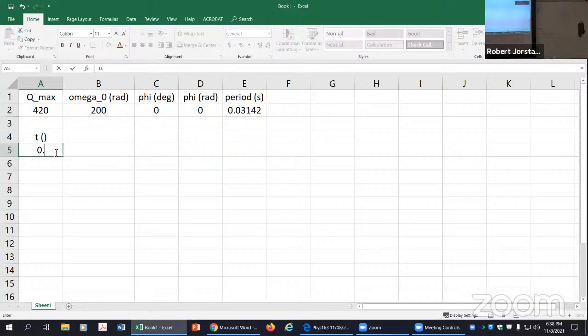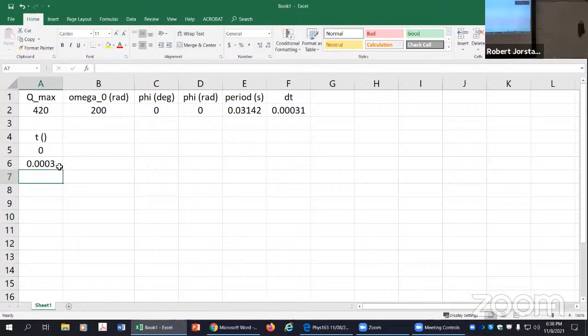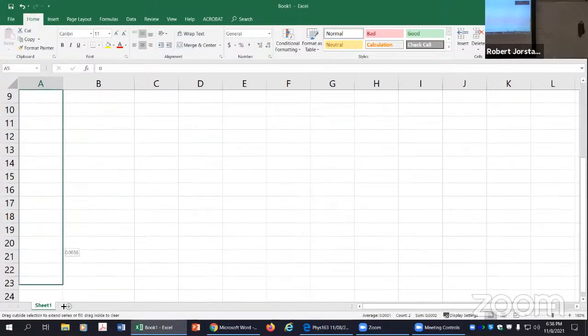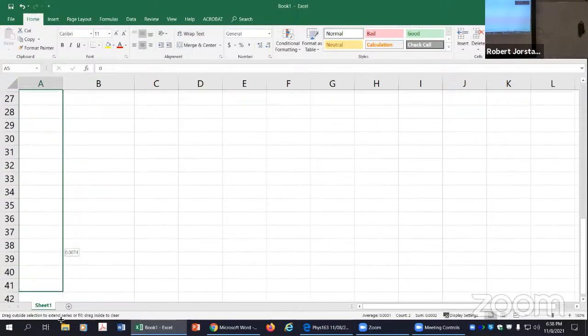How about we say the first one's 0, and the next one, dt, is equal to the period divided by 100 maybe, so we get 100 steps. That's about 0.0003, just because that's a nice number, and then maybe I don't like that, so I'll just round it down to 0.0002. Right, so now I've got a nice time step. Gee, it would have been nice to use a different time step, but this one should work. How far do I need to go?